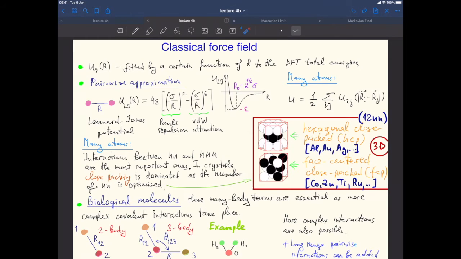So this is a characteristic interaction between two neutral atoms, and the total energy is built as a pairwise sum over all pairwise interactions in the given system. The important feature of this interaction is that it depends only on the distances between atoms.